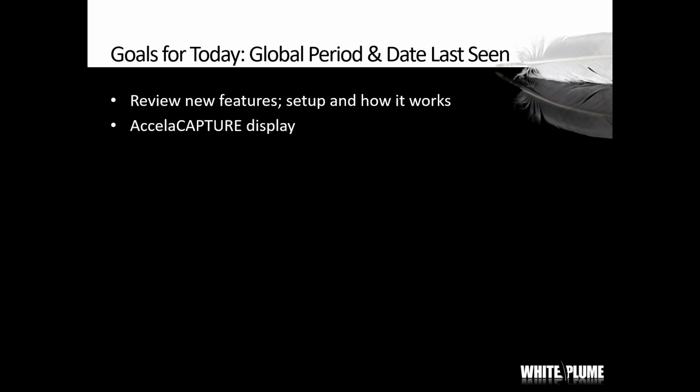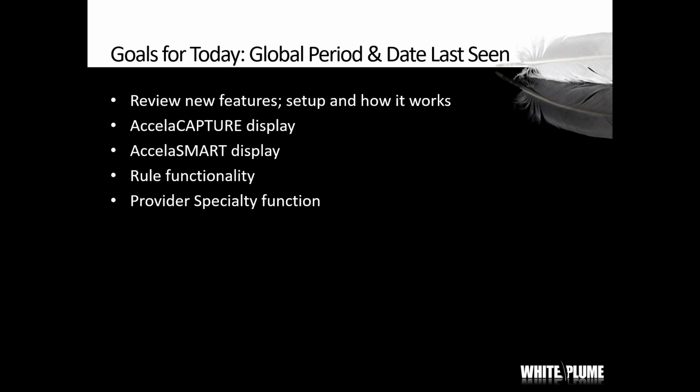This includes how and if you decide to display information in the Excel capture form, how you can access this information in Excel Smart, how to build rules against some of this information, using the provider specialty to customize that display even further, how this information is actually updated so that you know when to expect to start seeing this information, and lastly, how you can import historical data if you wish.